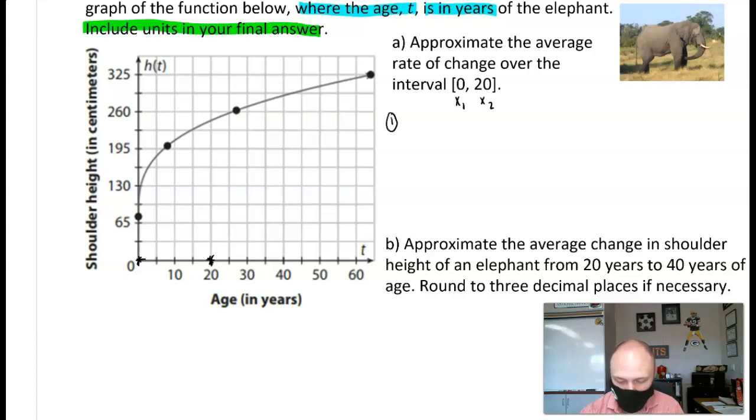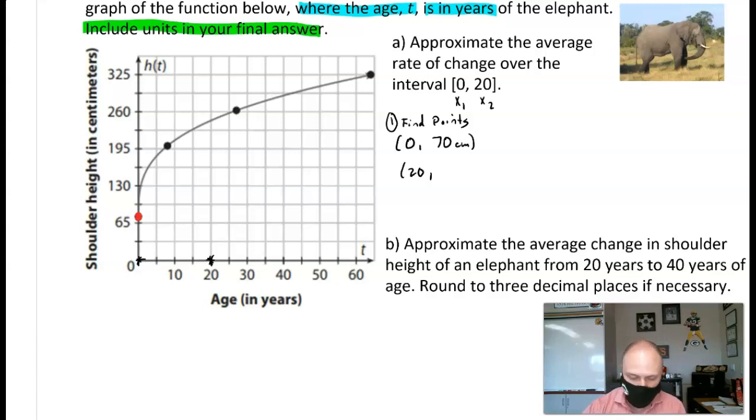So step 1, find the points. What are the 2 points that you're going to calculate the average rate of change between? I have 0 and 20. I need to know what the output is at 0. It looks like this point right here, and we're asked to approximate it, so a guesstimate, I'll say 70, in centimeters.